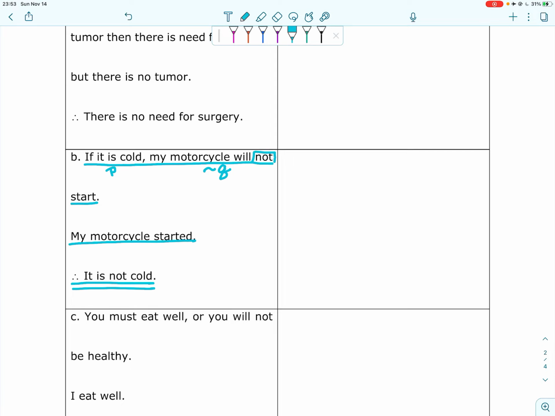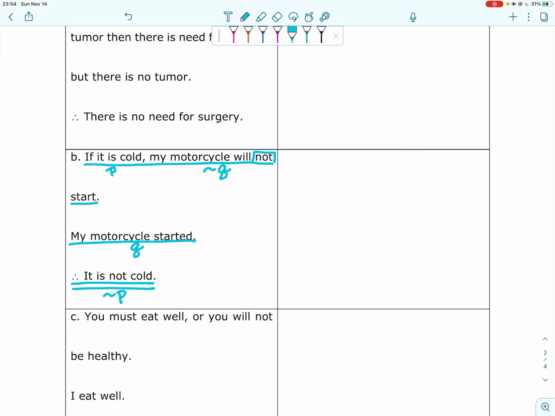My motorcycle started. That's the opposite of what I see above in my motorcycle will not start. So that's going to be Q. And then it is not cold. That's the opposite of what I see above that I labeled P. P is it is cold. It is not cold. So this would be not P.